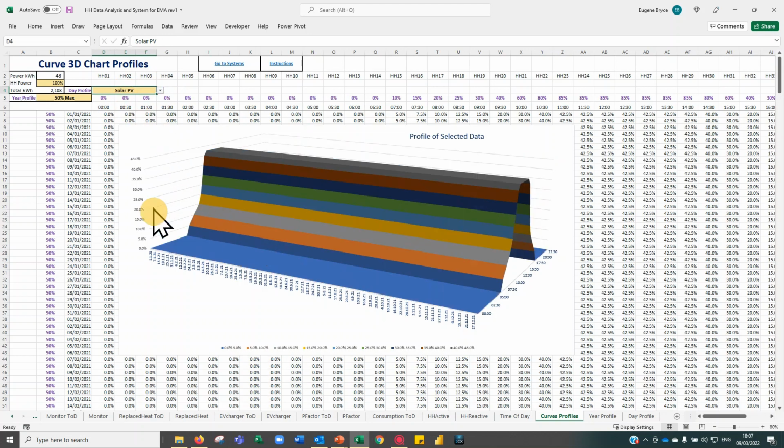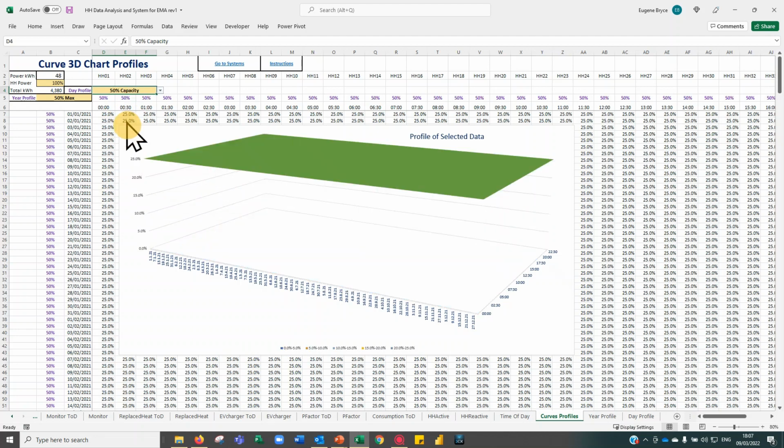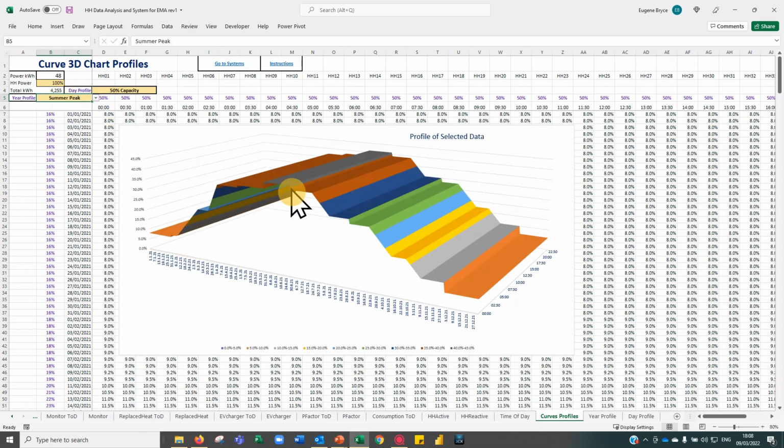So basically I'm saying that throughout the year it's always at 50%, but you can see the time of day curve at the end. If I flip it and put 50% during the day, then we're at 25%. Bear in mind it's half hourly data, so it's twice. So if I put 50% capacity there and go for solar or summer peak here, you can see the summer peak profile there in 3D.